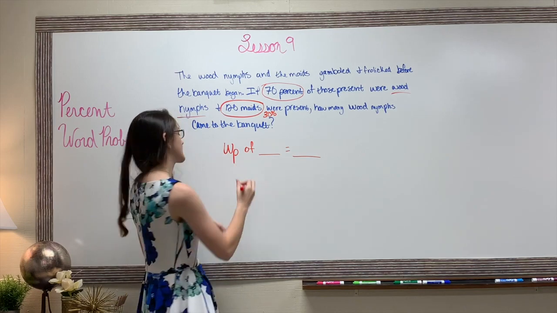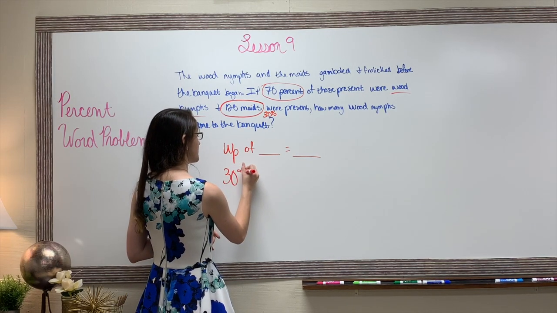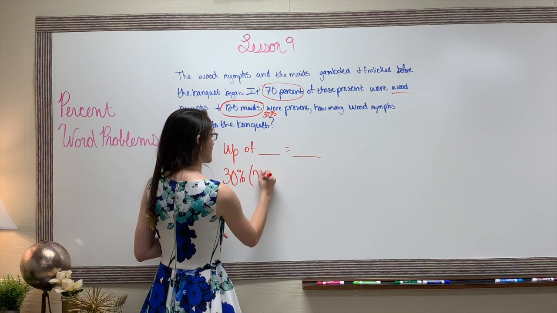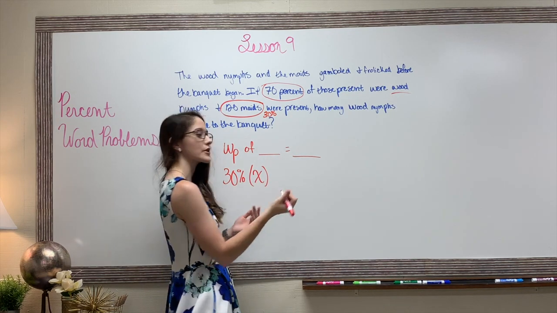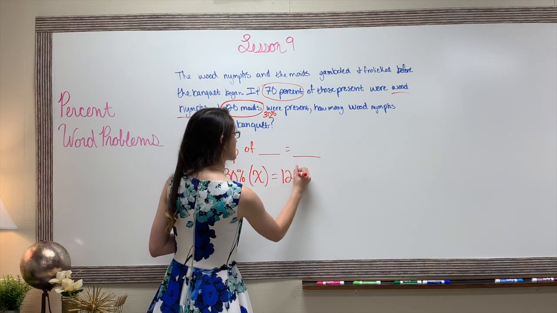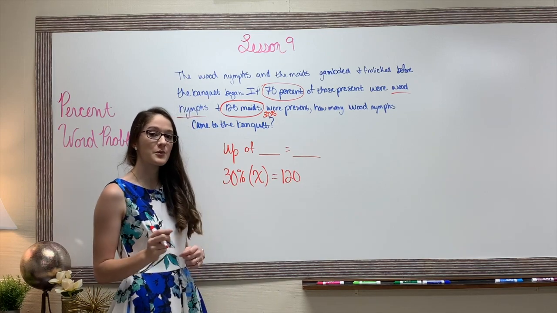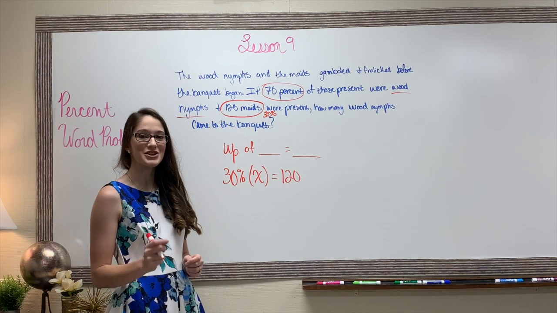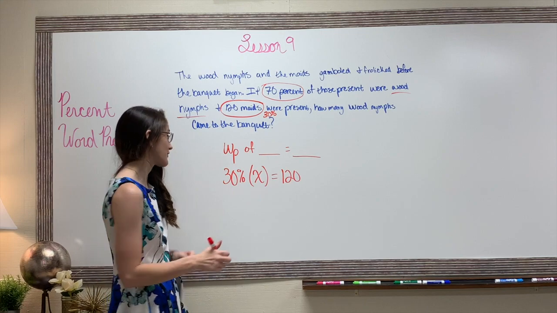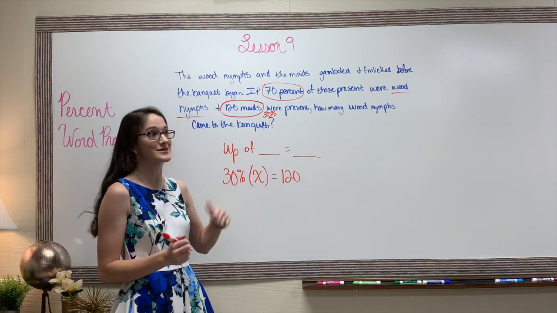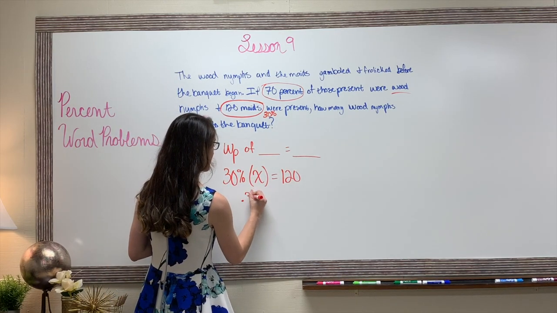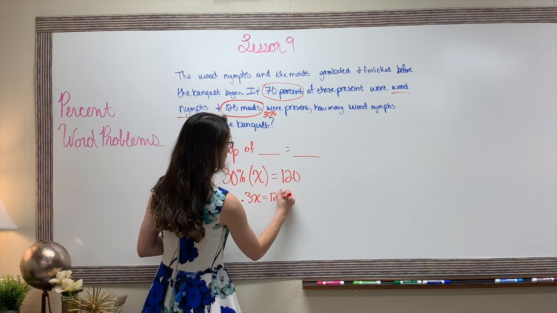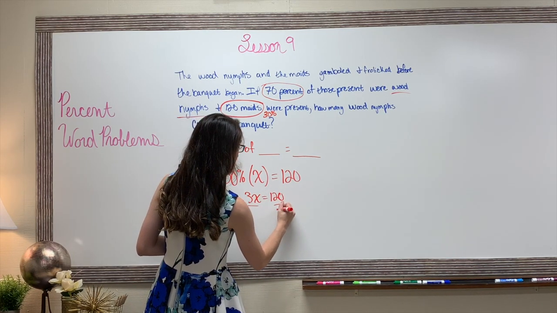So we're plugging this in. And we have 30% of x, because we don't know what number, equals 120. Now I cannot leave 30% in percent format. I need to change it to a decimal or to a fraction. I'm going to work with a decimal because we're about to divide it. So I'm just going to say 0.3x equals 120. Divide both sides by 0.3.